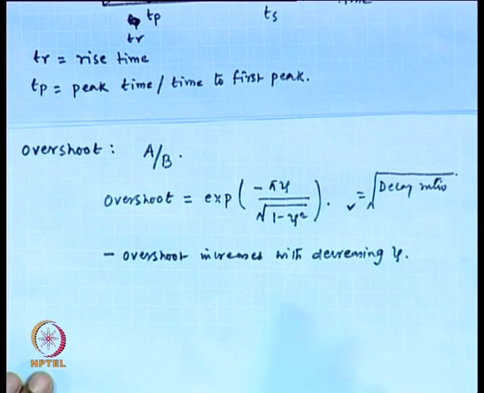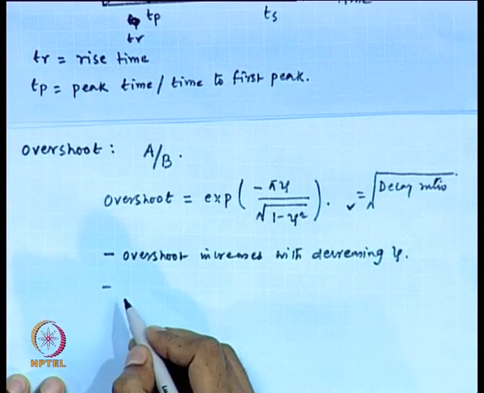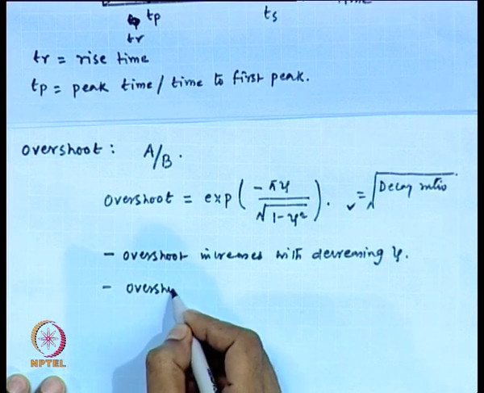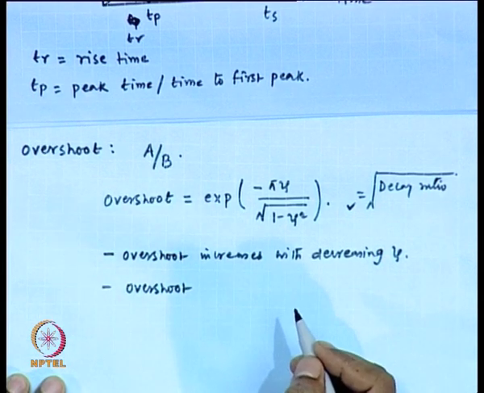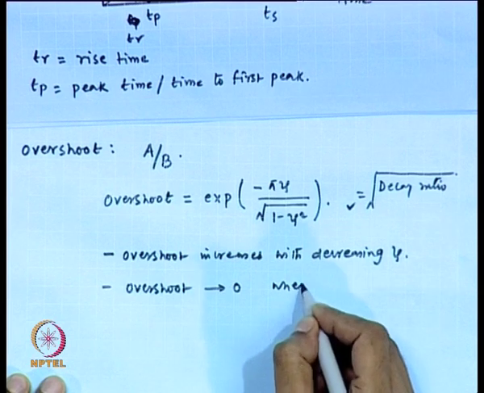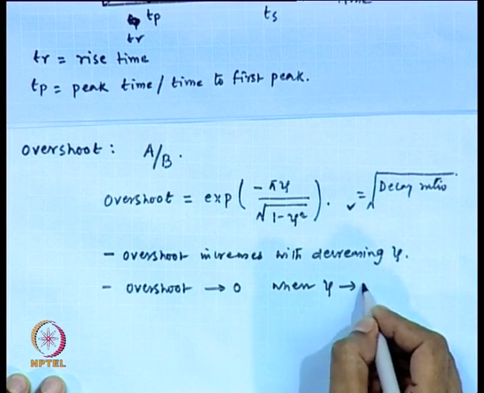Fine. What happens when zeta becomes 1? There is no overshoot. So, overshoot approaches 0 when zeta approaches 1.